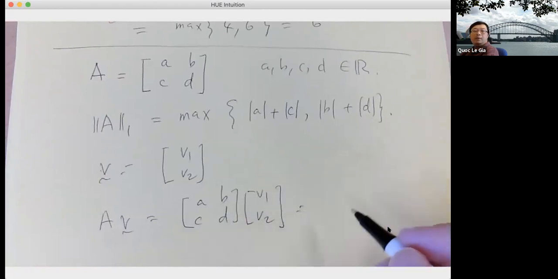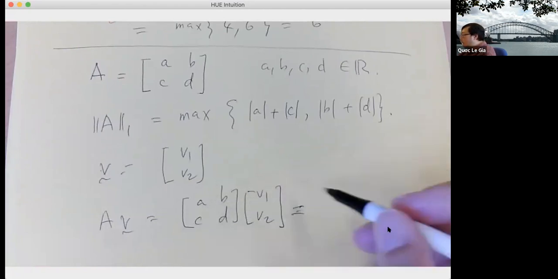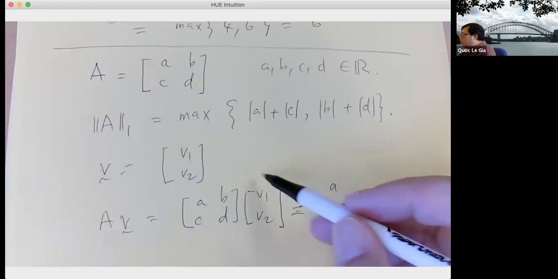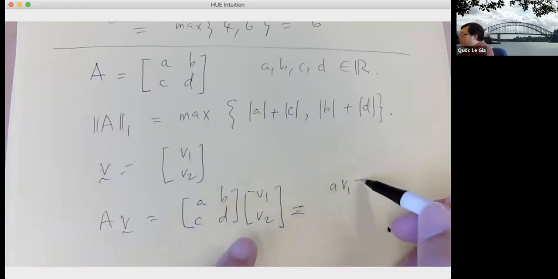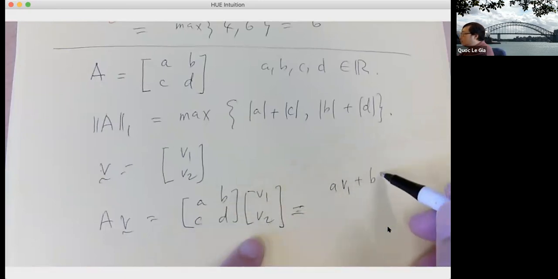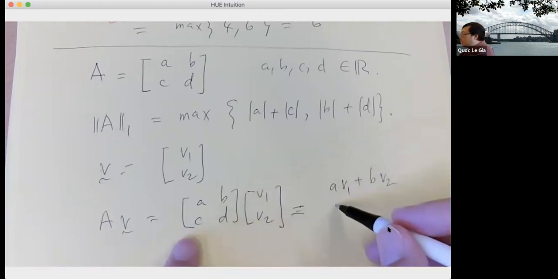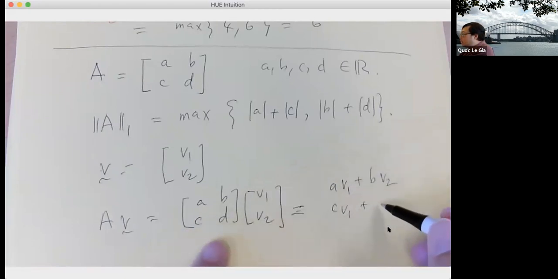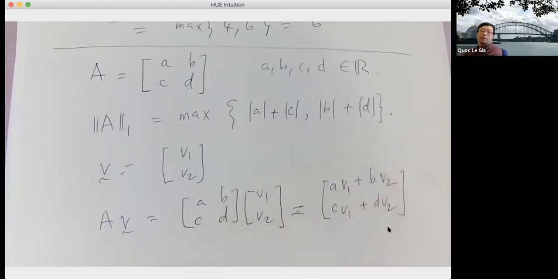If you remember linear algebra, this is A times V1 plus B times V2, and similarly C times V1 plus D times V2. So this is just first year linear algebra.